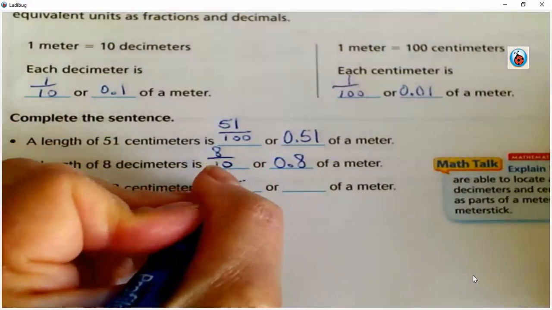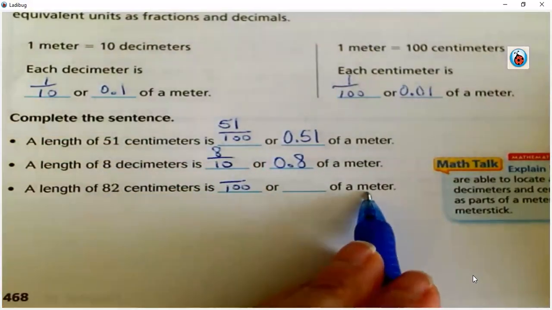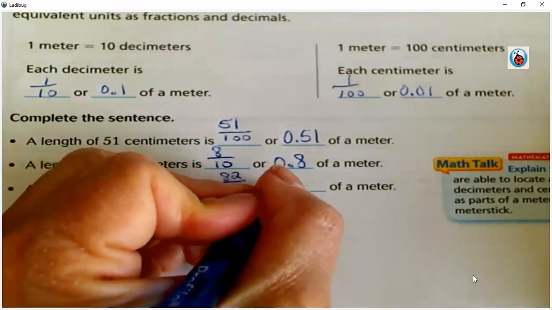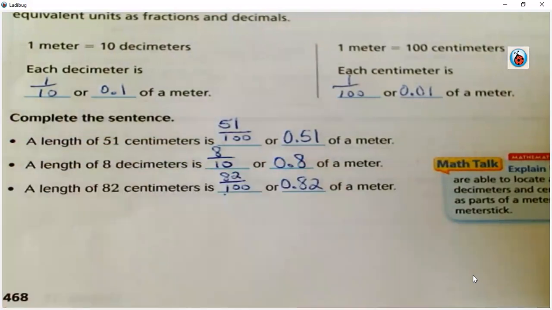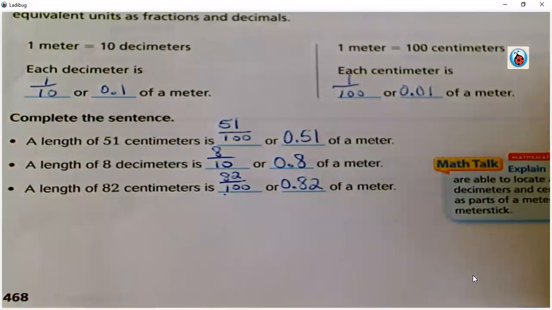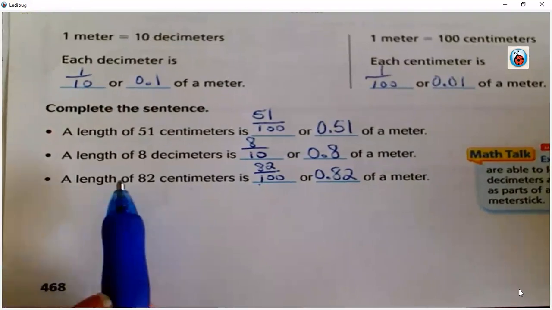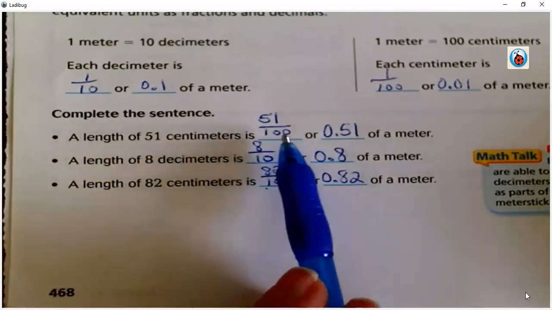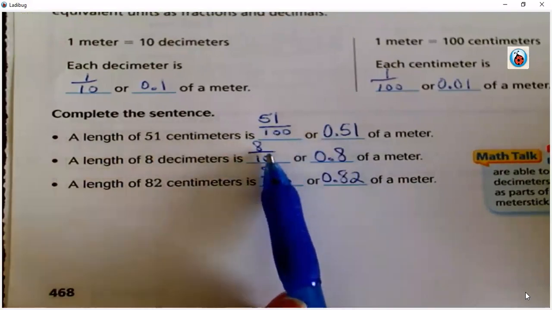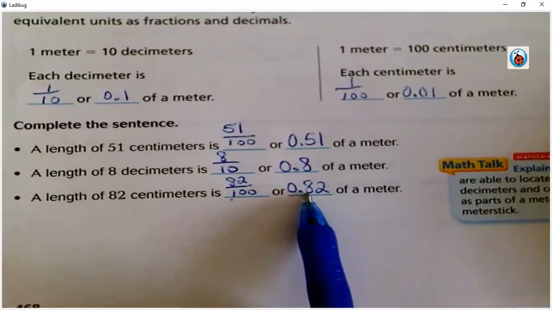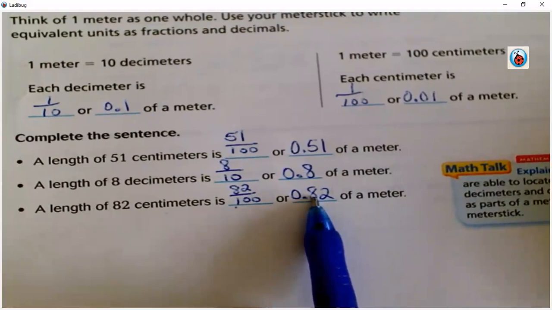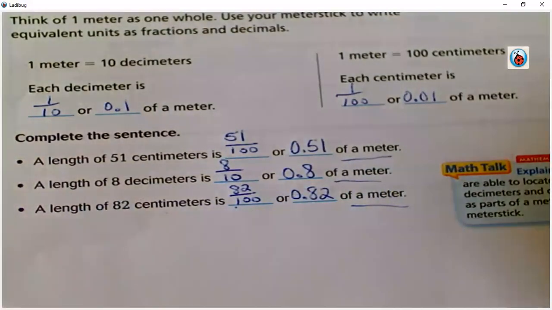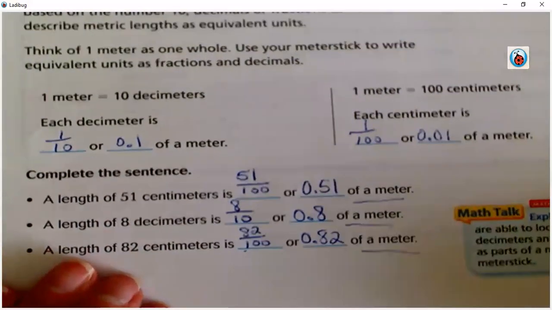Again, there are 100 centimeters in a meter, so 82 hundredths, and 82 hundredths written as a decimal. So that's how you're going to do it if they're asking you to find the fractional part, or you can record it as a decimal of a meter. All right, let's move on a little bit.